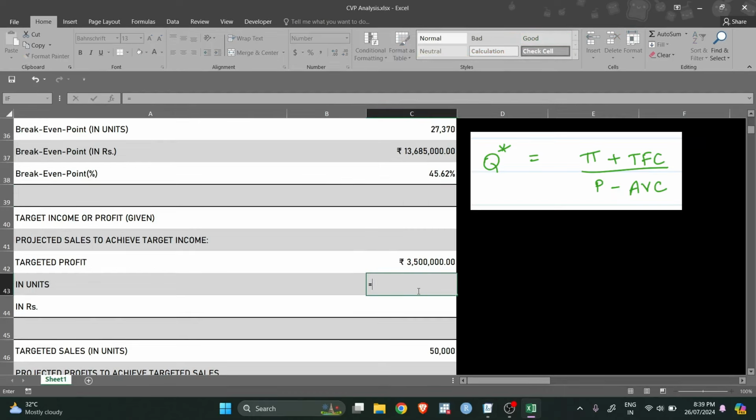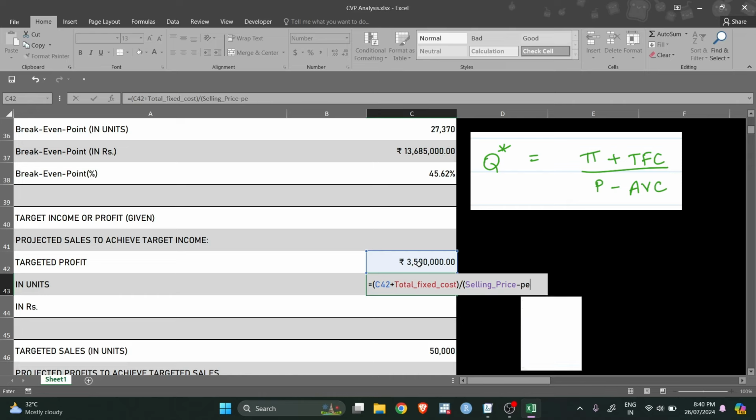This is profit plus total fixed cost divided by selling price minus average variable cost, or per unit variable cost.